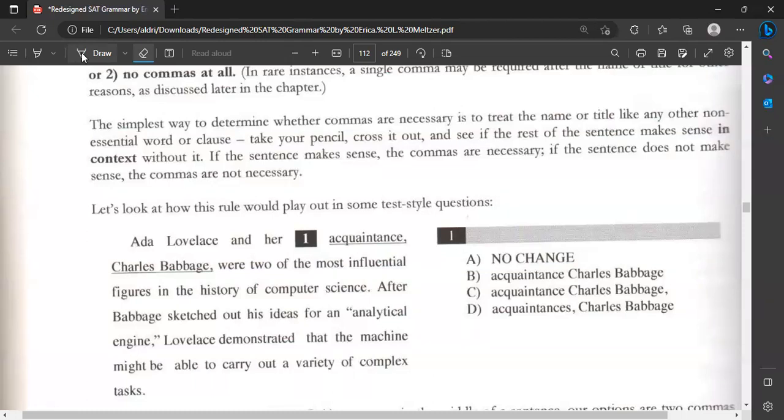Choice C. Okay, so we have 1 C. Anyone else? So I'm going for a C. Okay, we have 2 C's.